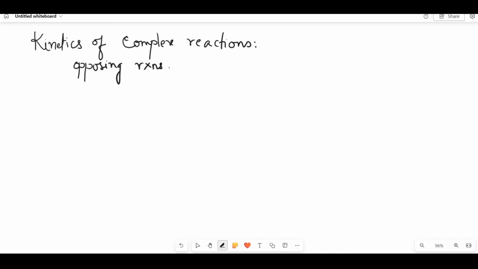The simplest case of this occurs when both the forward and reverse reactions are of first order, which can be represented as follows.